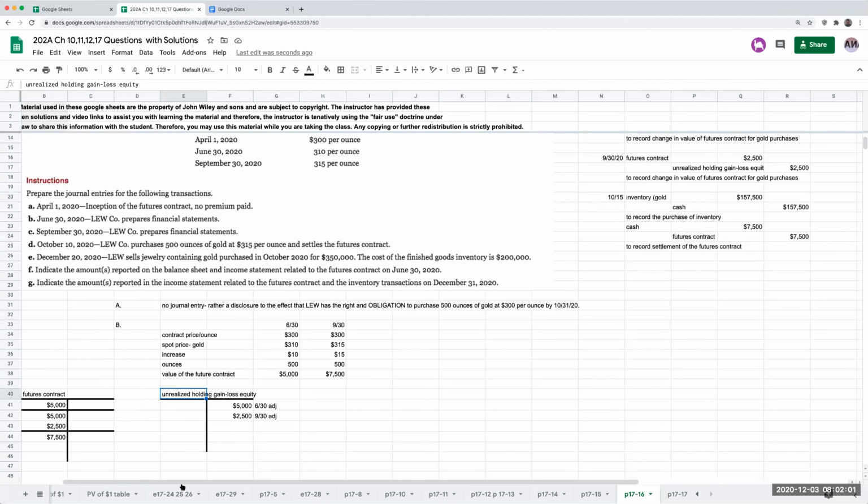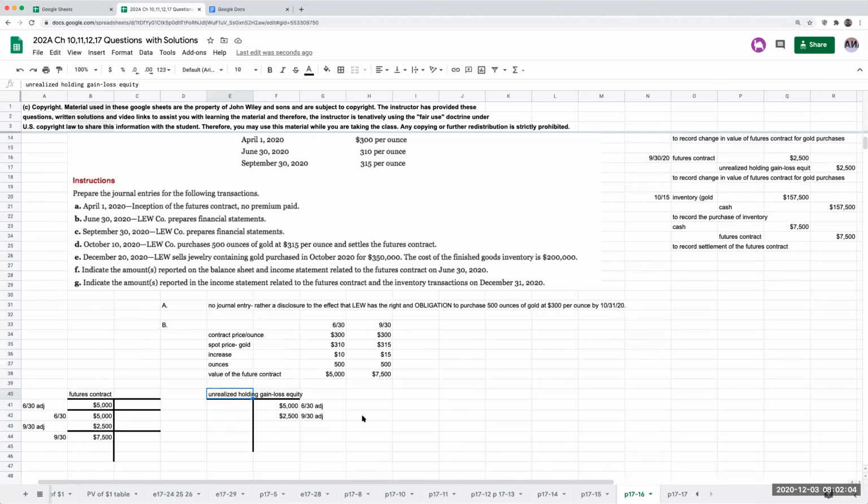What I'm beginning to realize now, at least for this particular situation, is that if I have a futures contract and I'm trying to hedge the price of my product, it's not speculation, it's purely to hedge the price, so I'm going to leave this in the unrealized holding gain or loss in equity. And then ultimately, when I sell the gold or the product, that's when I would recognize it. So at least that's what I think. Sounds good. Okay, so that's letter D.